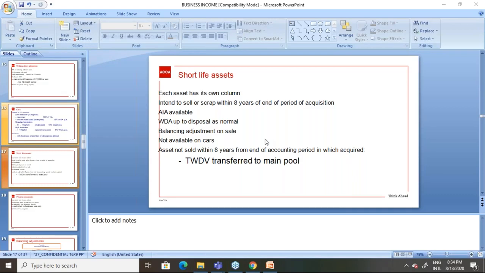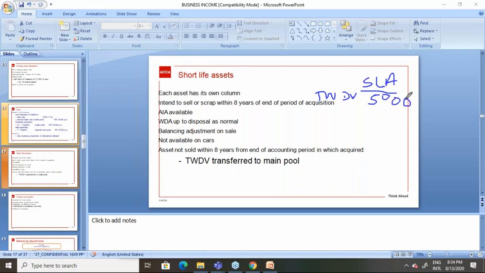Balancing allowance is a situation where you have sold the asset. Now assume a situation like this. A short life asset has a tax written down value of 5,000 pounds.